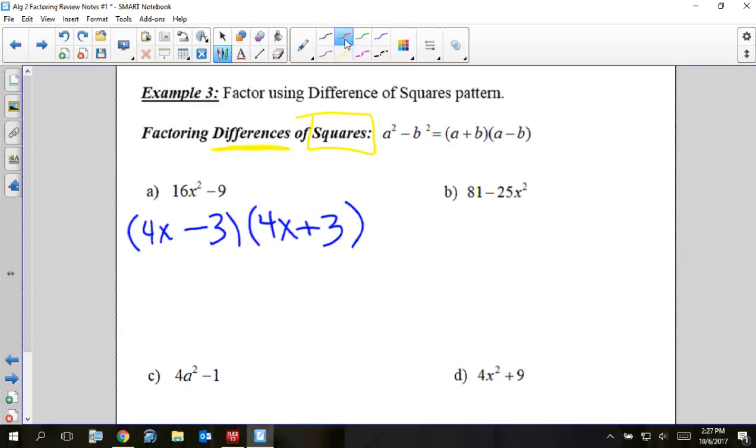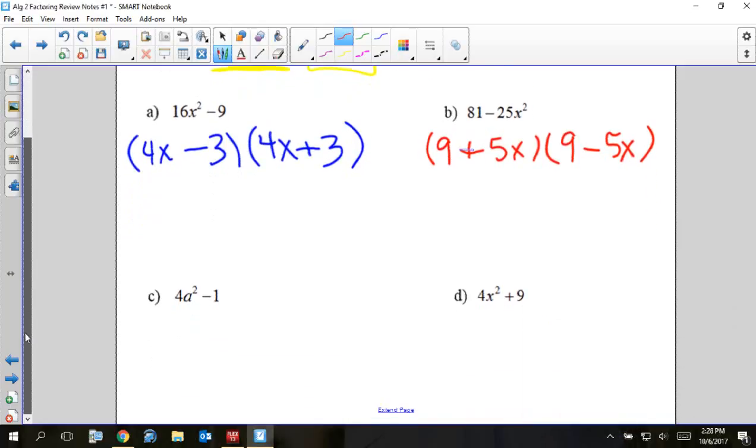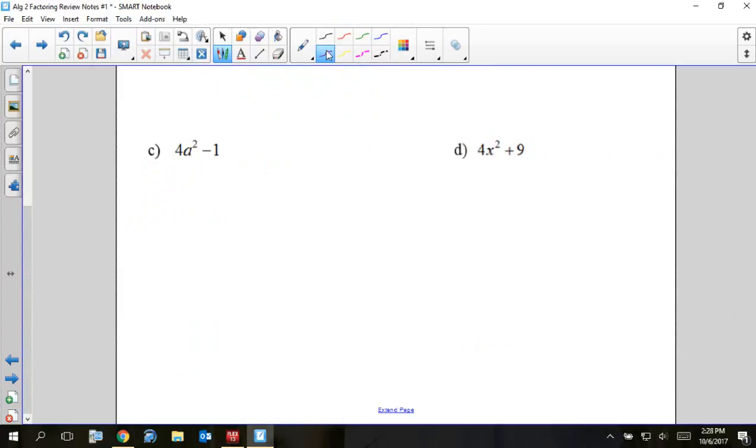How about B? What multiplies together to give us 81? 9 and 9. What multiplies together to give us minus 25? X squared. Positive and minus 5x. And if you check the outer and the inner, do they cancel out? Minus 45x plus 45x. How about C? Is it a difference of squares?